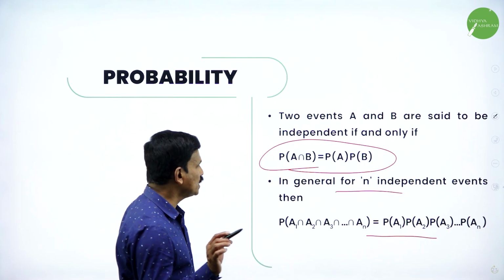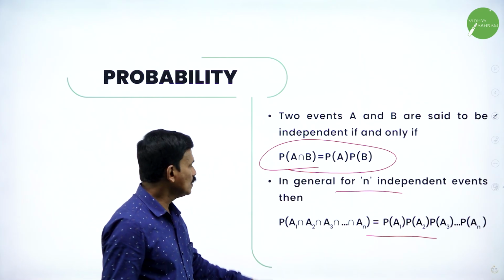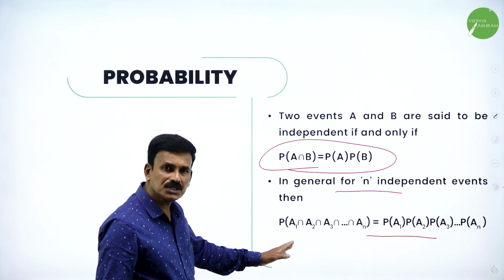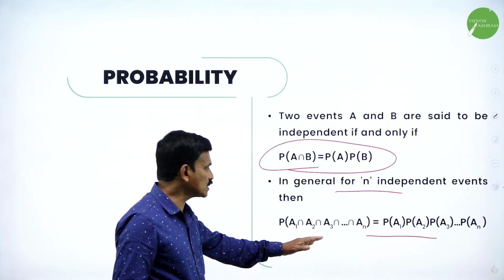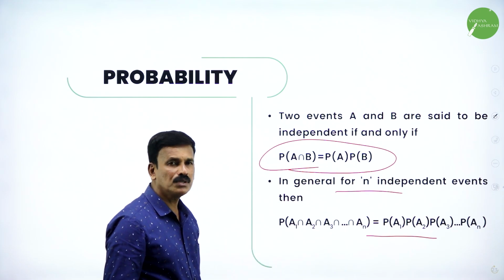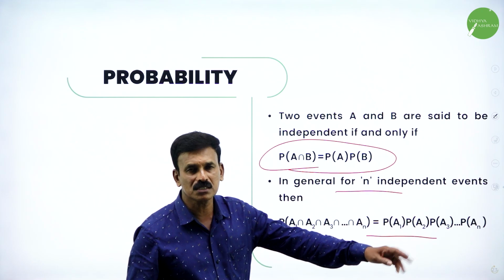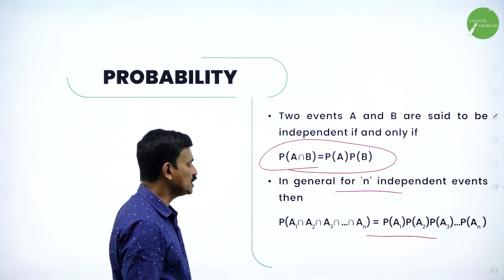In general, for n independent events, probability of A1 intersection A2 intersection A3 and so on up to AN is equal to the product, that is probability of A1 into probability of A2 into probability of A3 and so on into probability of AN.